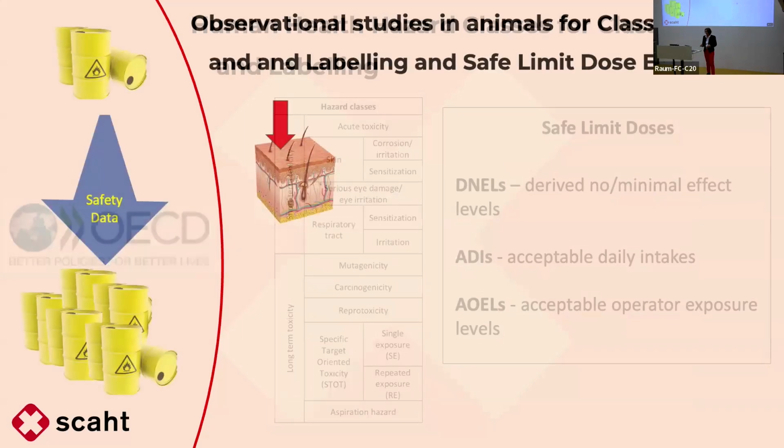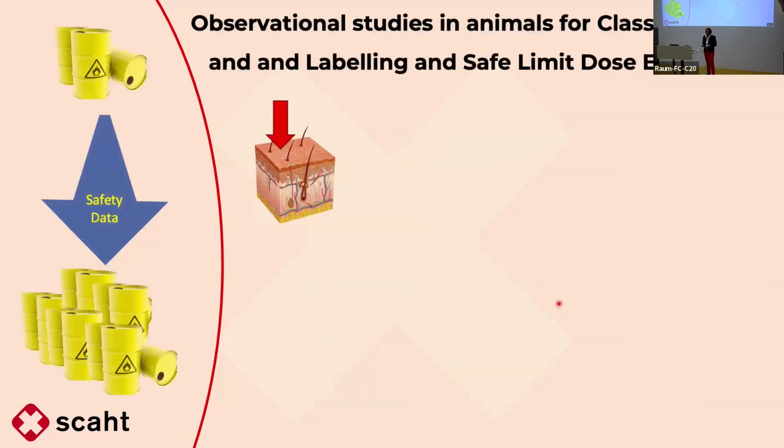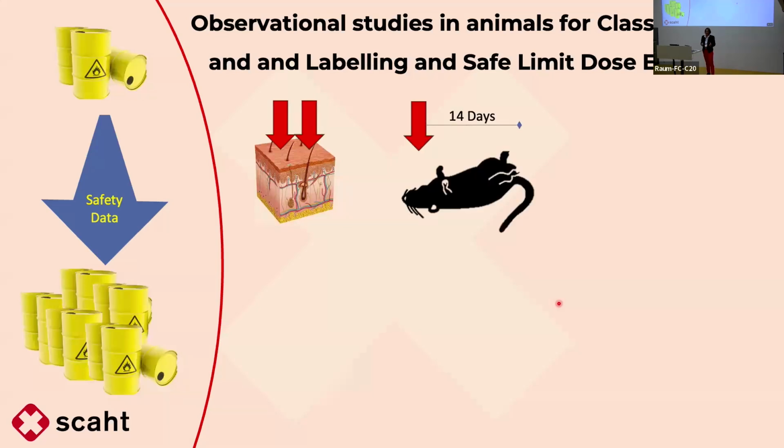And so what are the observational studies in animals to derive the factors, so the classification as well as the safety factors? When you look at the skin, you have a single exposure, for example irritation, but also repeated exposure when you consider skin sensitization, because the immune system has to be primed first. Then for the acute toxicity, you have a 14-day period that you monitor the animals.